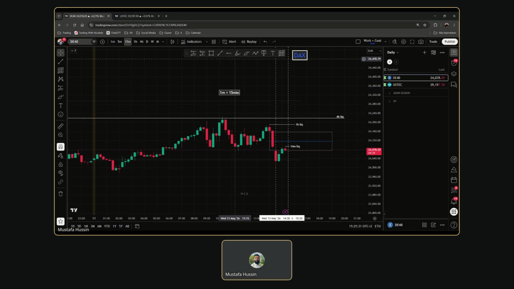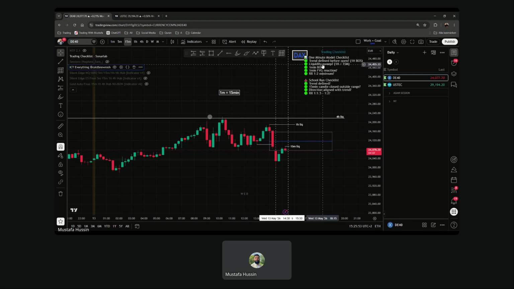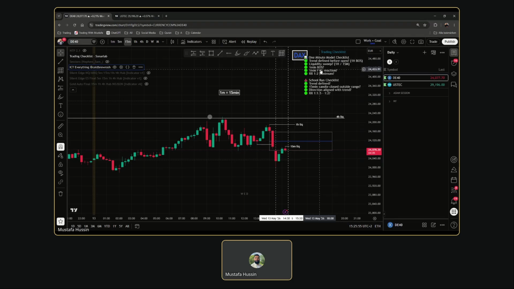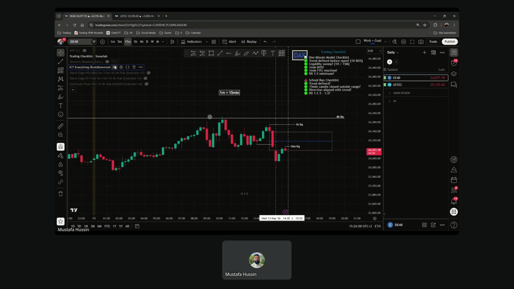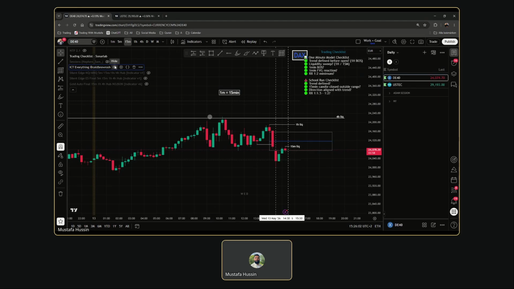So it will become that the liquidity sweep on the 4-hour becomes like a 15-minute or a 1-hour liquidity sweep. And then a break of structure is on the 15-minute. There's a break of structure on the 15-minute. There's also a fair value gap on the 15-minute. So everything that's happening on the checklist of the 1-minute model just gets amplified to the 15-minute time frame. That's how you can trade the 1-minute model on higher time frames, basically.